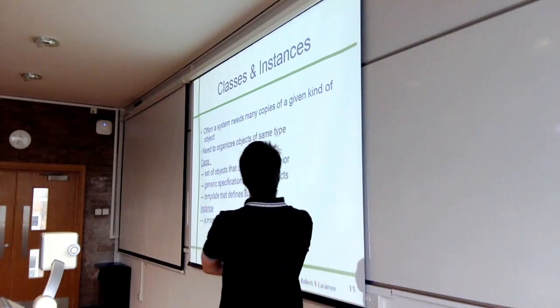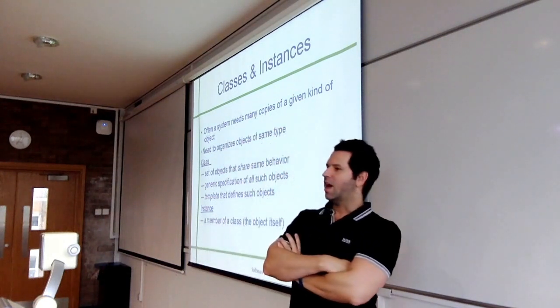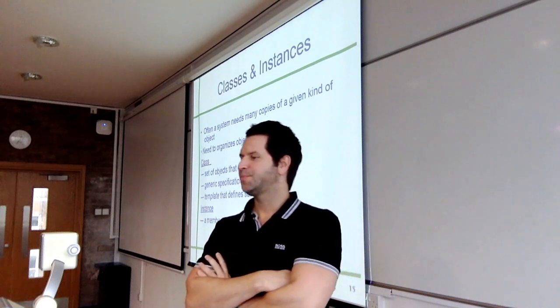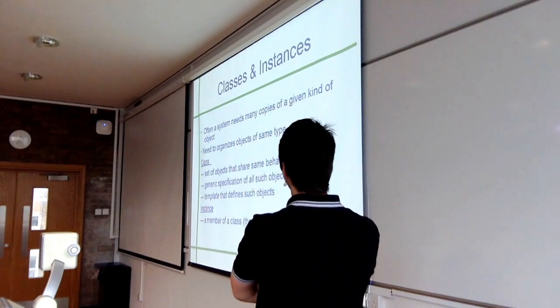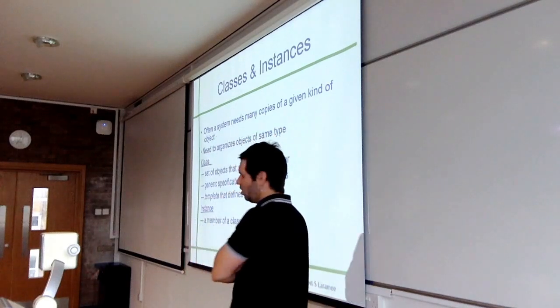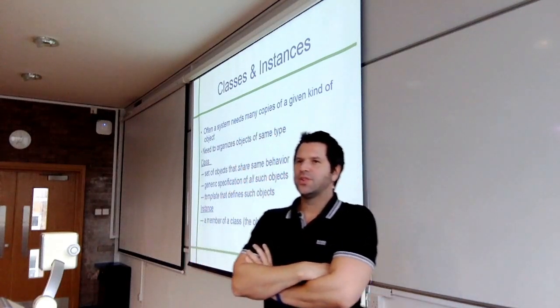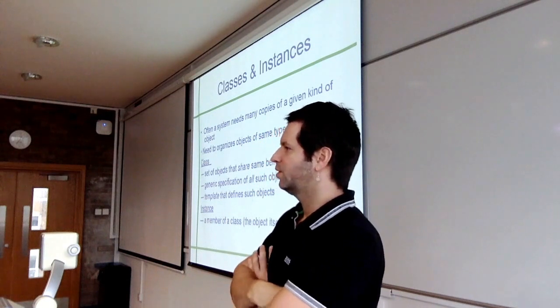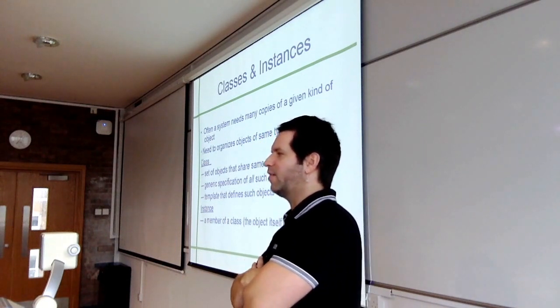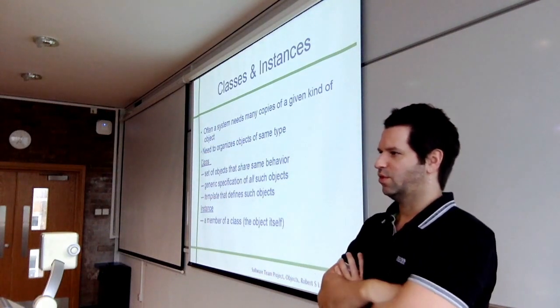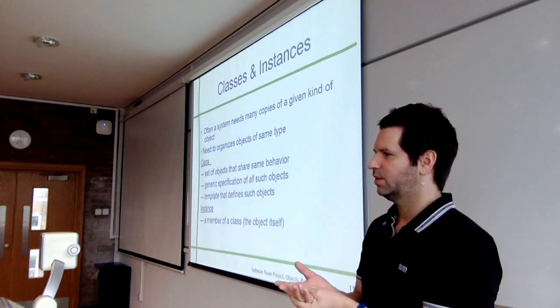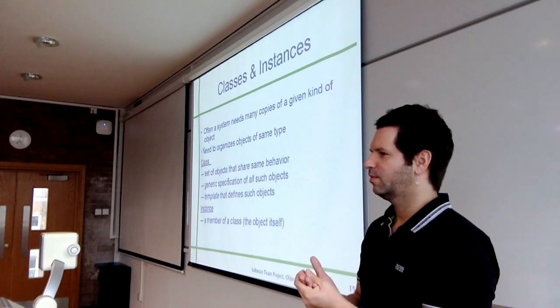So often a system needs many copies of a given kind of object. So there's a need to organize the objects of the same type. So if we were designing a car, we might have a tire object or a wheel object. So you have a description of a wheel, but you need 4 of them.